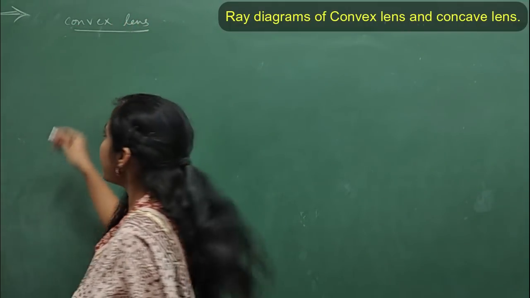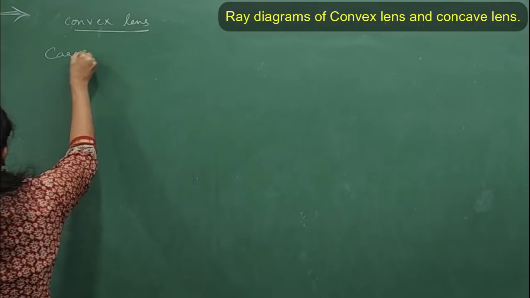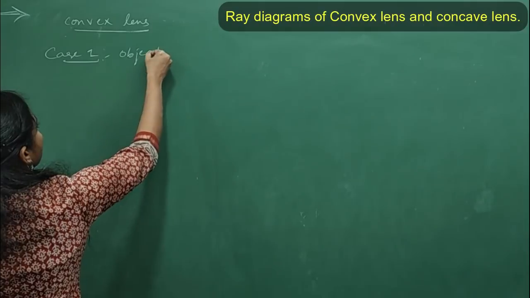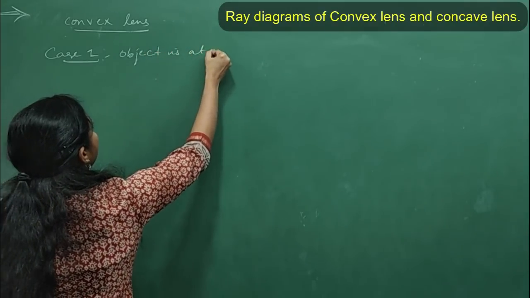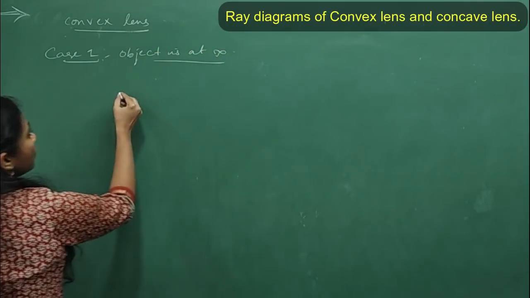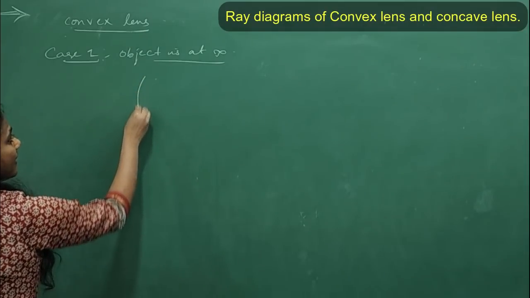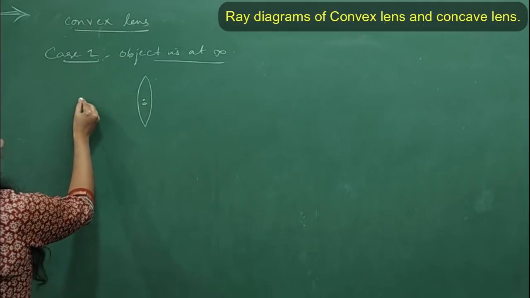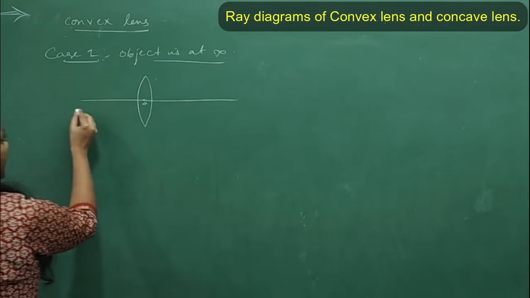There are 6 cases, and case number 1 is if the object is at infinity, right? Let us see how to draw the ray diagram in this case. And this is our convex lens with O as optic center, and this is our principal axis, isn't it?